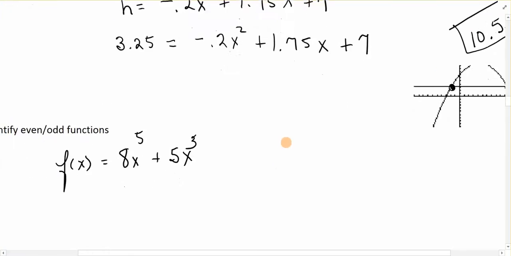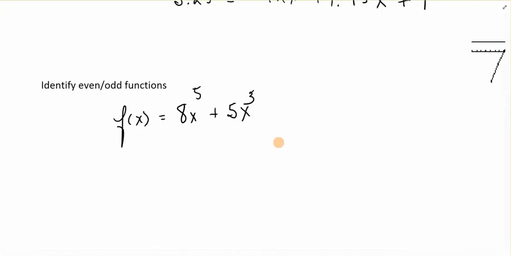Okay. All right. What if I asked you to identify whether this function is even or odd? What do you think? Do you remember studying that? No. Okay. For one thing, odd functions, if you have the equation and you look at the exponents, if they're all odd, it's an odd function.